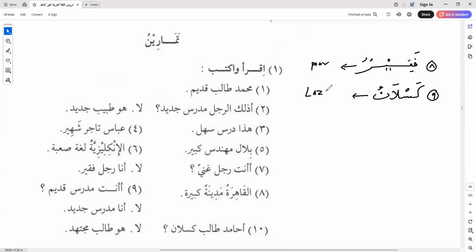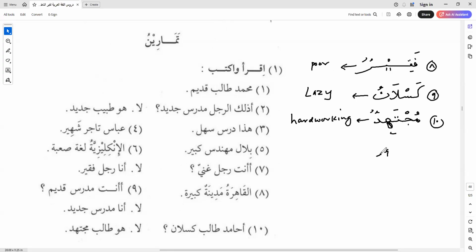Lazy. If you are not كسلان, you are مجتهد. That's hard working. So فقير or كسلان, lazy. مجتهد, hard working.